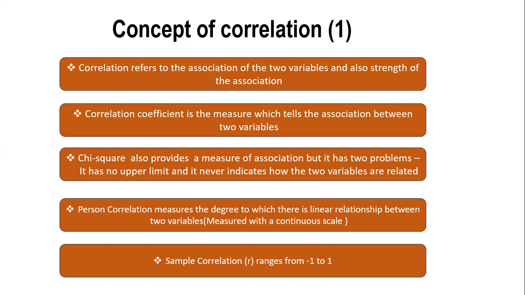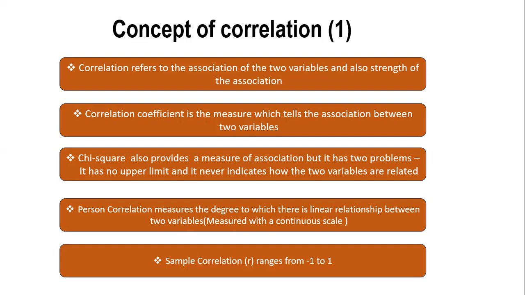It has no upper limit, meaning the chi-square value can be maybe 100, and it never indicates how two variables are related, meaning there is no sign or parameter to judge how these two variables are correlated. It never gives you any direction, whether two variables are positively associated or negatively associated.